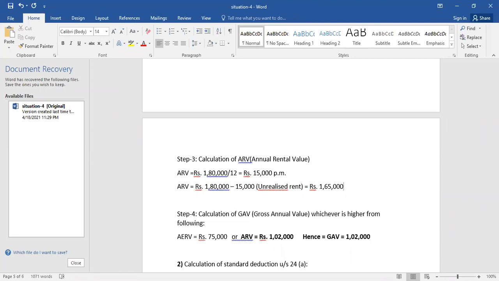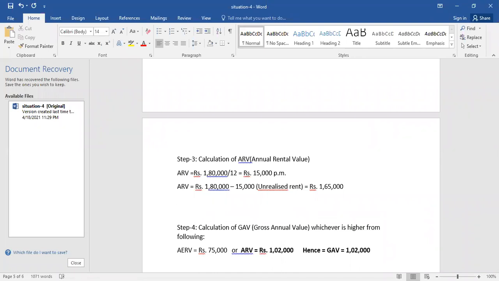So ARV is 1,65,000. Now, as there is vacancy involved, we should calculate adjusted ARV. If there is no vacancy, we will calculate directly ARV is equal to whatever rent you have given, say 15,000 into 12, 1,80,000.